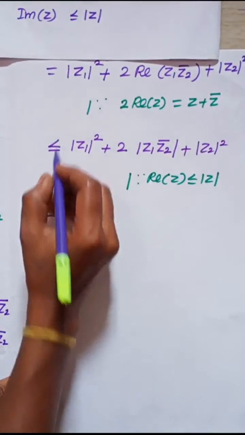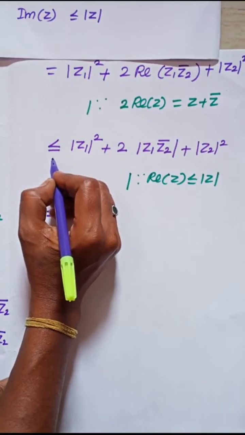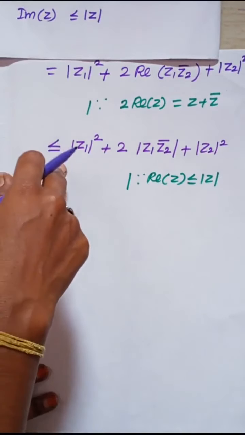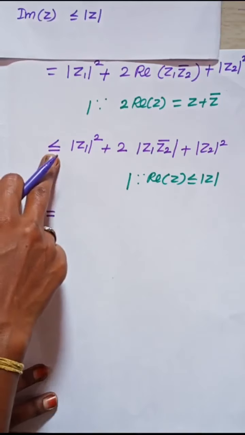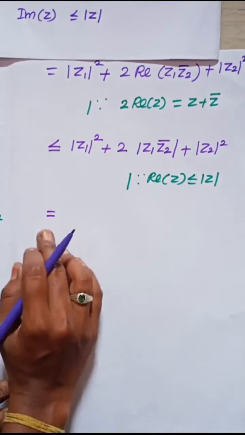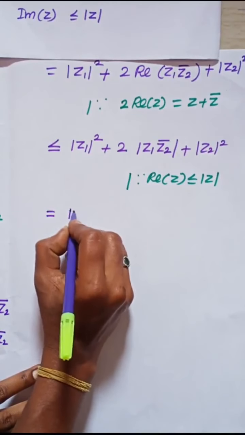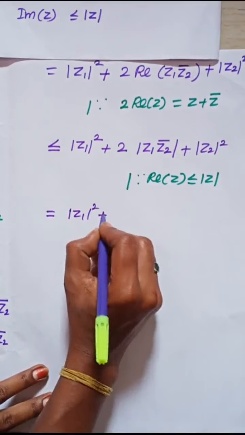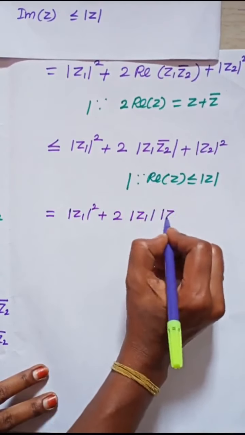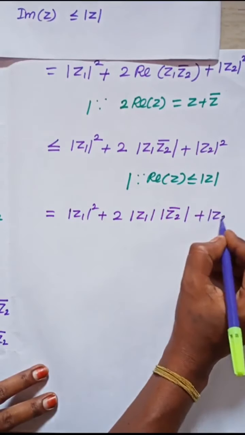Here only we write less than; don't forget it, all the guys make this mistake in this theorem. Here only less than or equal to occurs, and after that we use equal. So equal: modulus of z1 square plus 2 into modulus z1 into modulus z2 bar, plus modulus z2 square.